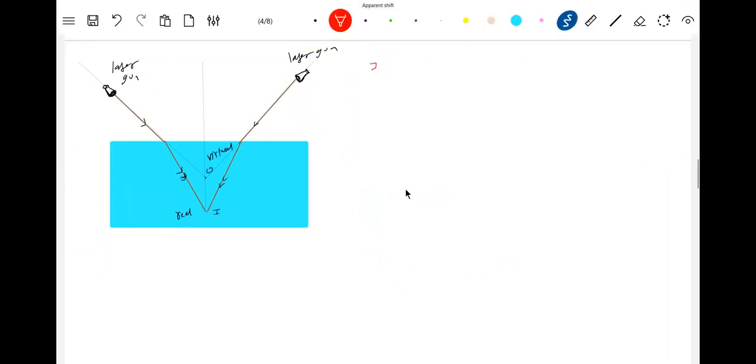If incident rays diverge from a point, the point of divergence is a real object.